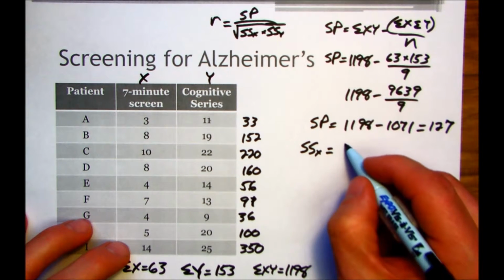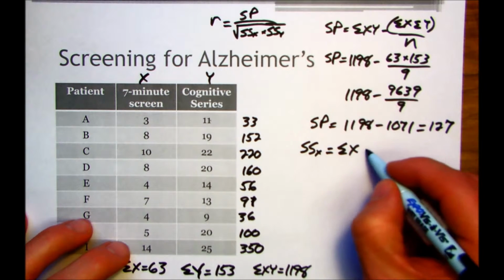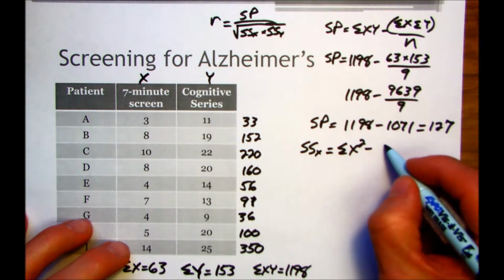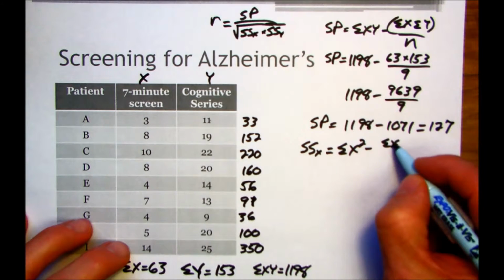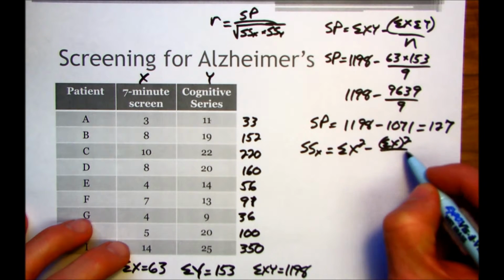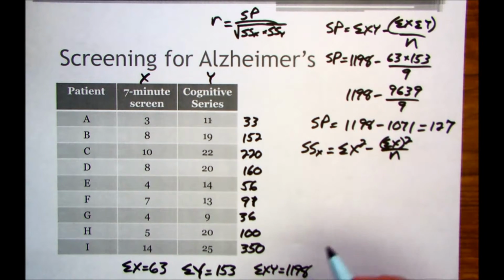So sum of squares for x, remember, is the sum of x squared minus the sum of x, squared, divided by n. So we're going back to this from one of the first lectures that we had, and I think I told you that we would keep coming back to calculating the sum of squares in that way.